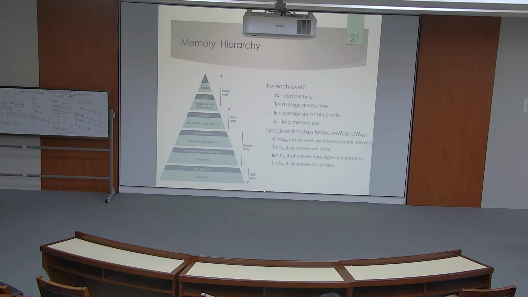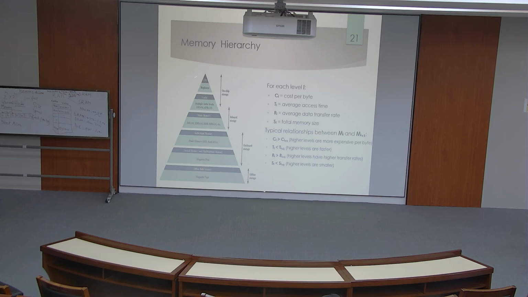Main memory, solid state memory. This is the level i, and this is the level i+1. Now, when it comes to average access time, the higher level memories are faster. Ti for the register memory has to be less than Ti+1 of the memory at level i+1.